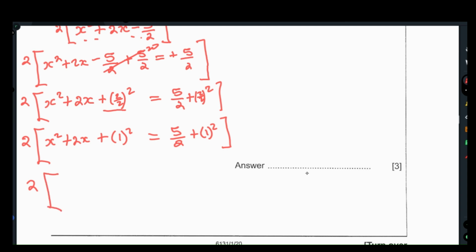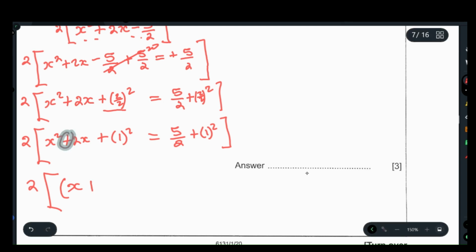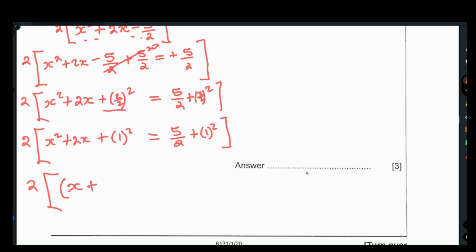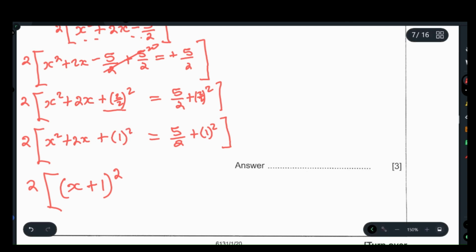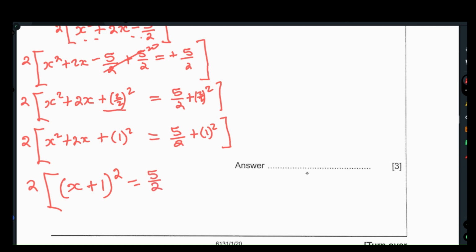Now we can say x plus that number inside the bracket, which is 1, everything squared, is equal to 5 over 2 plus 1.